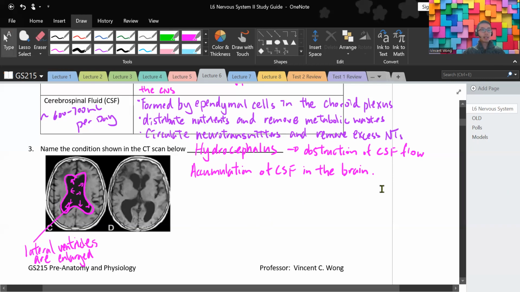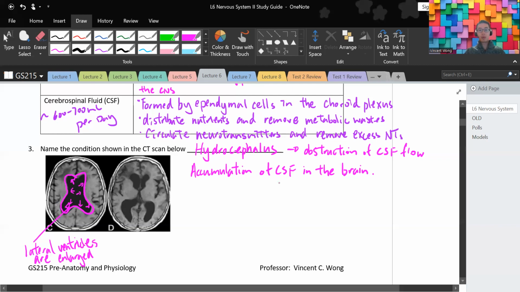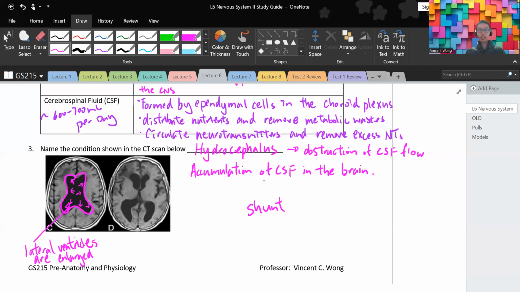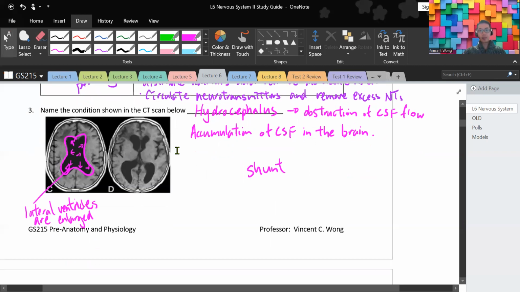Is it a bad thing? Yeah, it's definitely a bad thing. Okay, so they have to drain the fluid. Sometimes they have to install what's called a shunt, which is a tube that drains the excess CSF either out of the body, or they could drain it through the abdomen. Okay, hydrocephalus could be life-threatening if left untreated. It's a bad thing for adults as well.